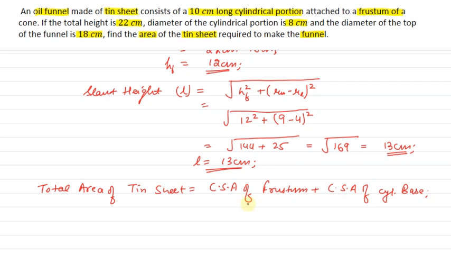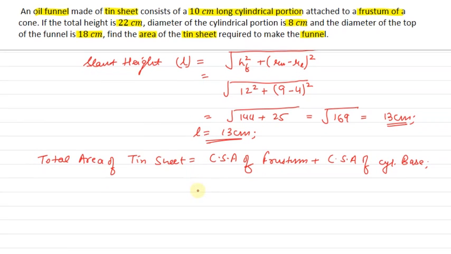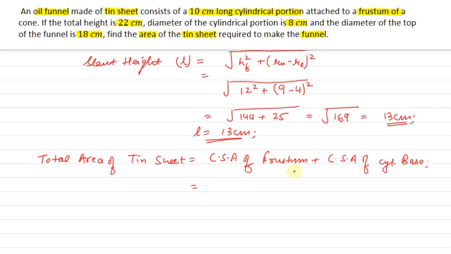Because the tin is only on the curved surface area, the upper and the lower ends are open. So the formula for curved surface area of frustum is pi into R upper plus R lower into the slant height L, plus curved surface area of cylinder, which is equal to 2 pi R cylinder into height of cylinder.